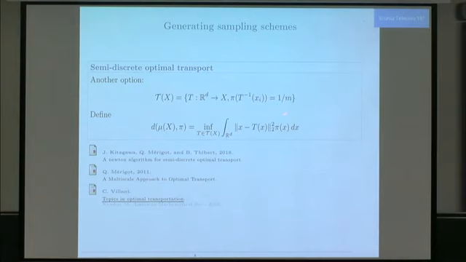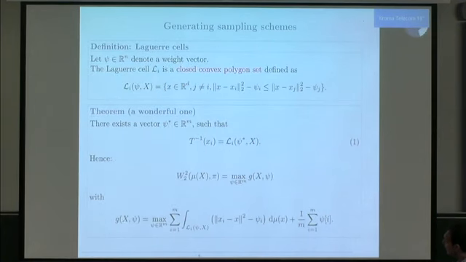And then the transportation distance, this is the Wasserstein 2 transportation distance, is defined as the infimum over all transportation plans of this quantity, which basically tells you what is the price to transport a mass at point x to the point T of x. That's the interpretation. And then there is a kind of wonderful theorem there. I really find it wonderful.